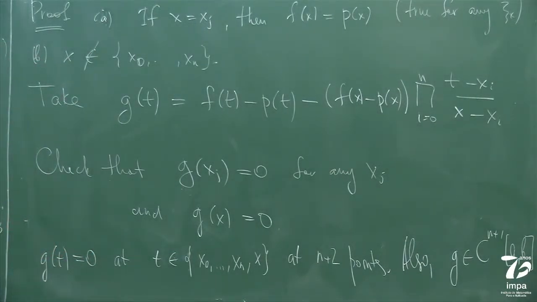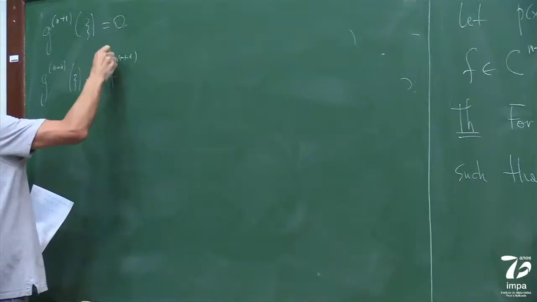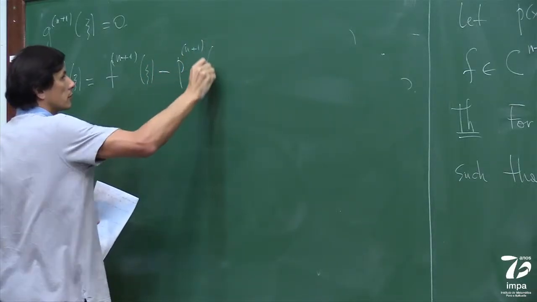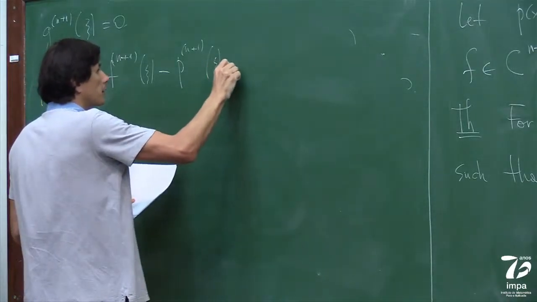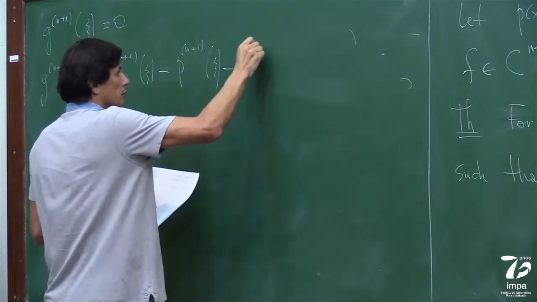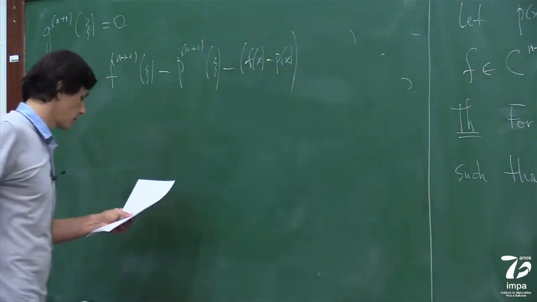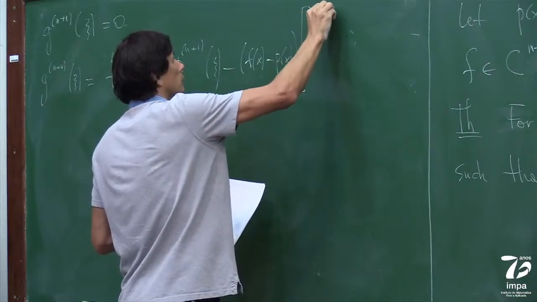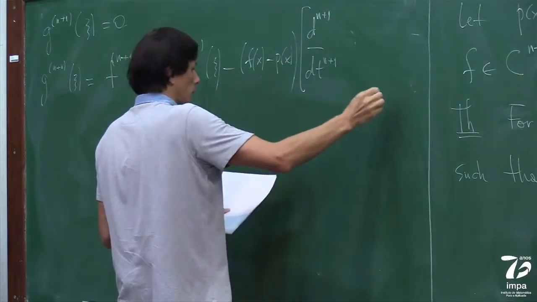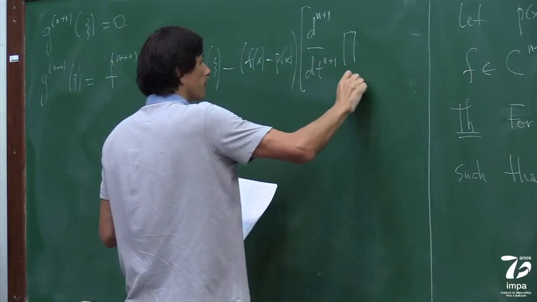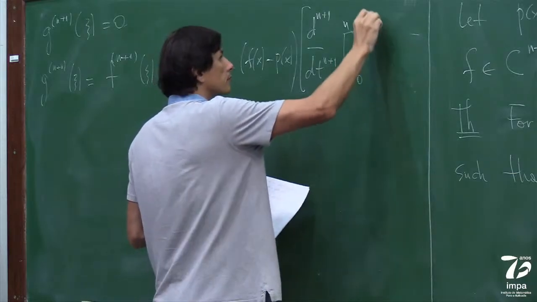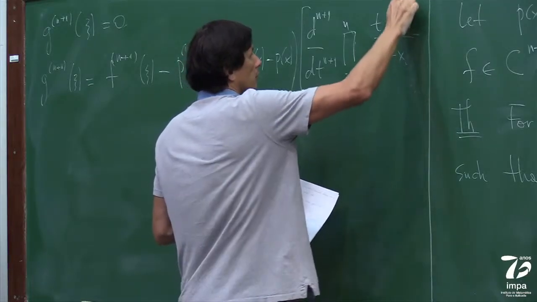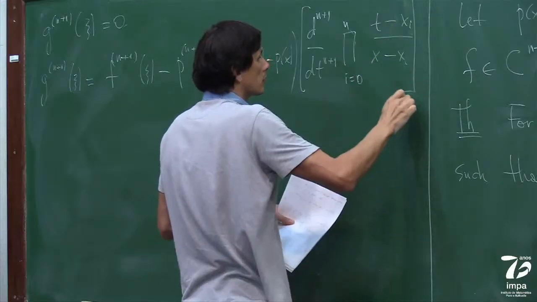So it will be f^(n+1)(psi) minus p^(n+1)(psi) minus (f(x) minus p(x)), and then there is a derivative from this product, taken at t equals psi.